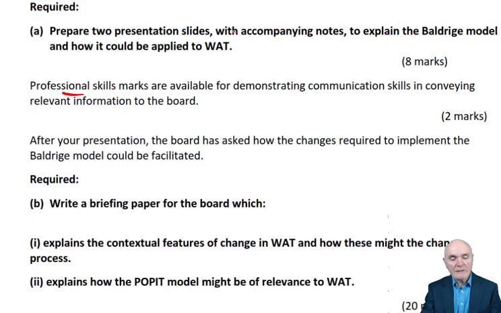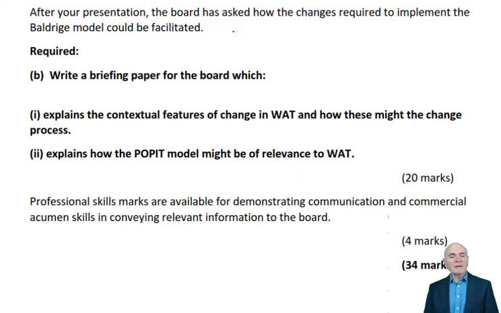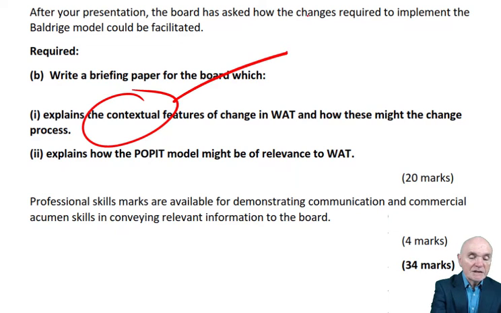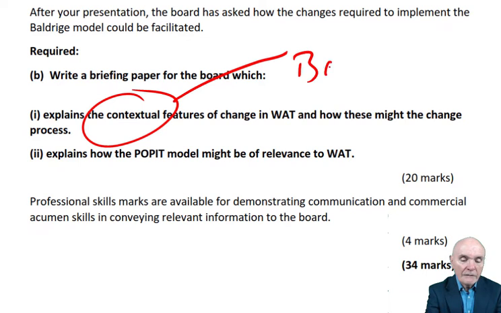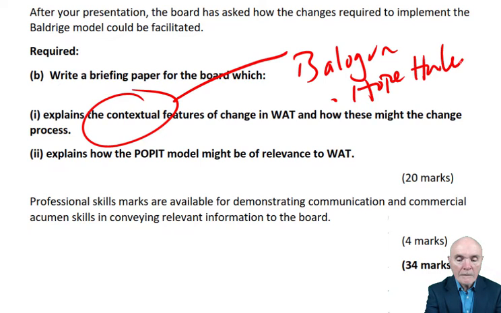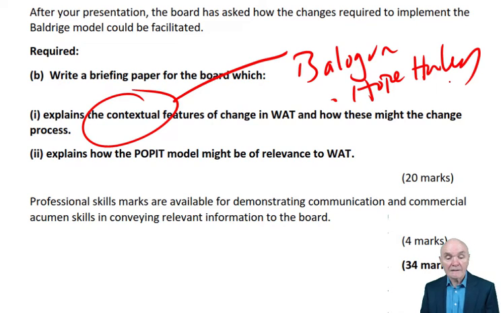Then we have a briefing paper. It talks about the contextual features of change. And if you're talking about contextual features of change, the only place that the word contextual comes up is Balogun and Hope Hailey. They had a model for change which looked at basically variables, which are what the contextual features are, and this is a hint that you probably get on quite well if you were to use that.